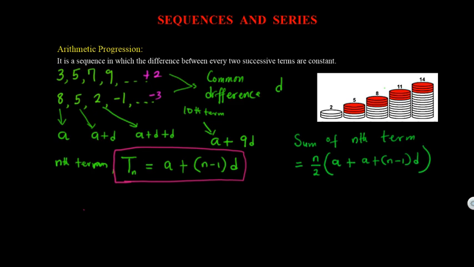If I want to summarize this, the sum of n terms of an AP is the number of terms divided by 2, open bracket, A plus A, let's call it 2A, plus the number of terms minus 1, then multiplied by the common difference.